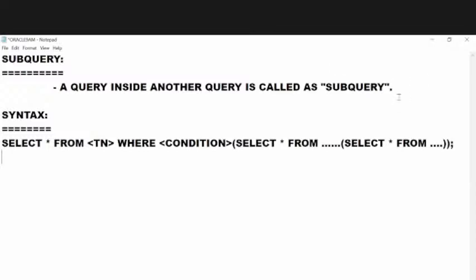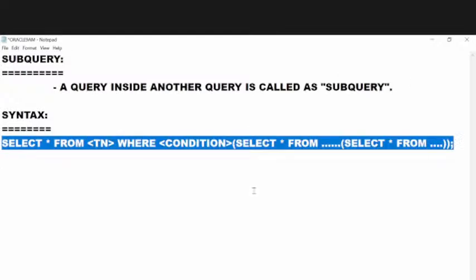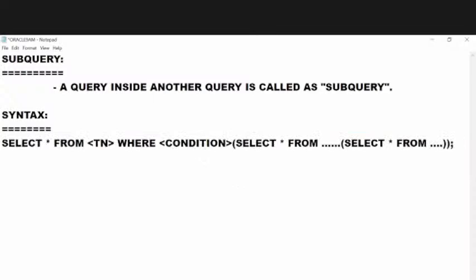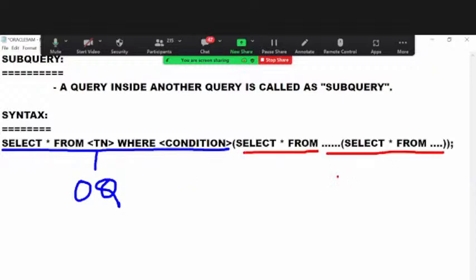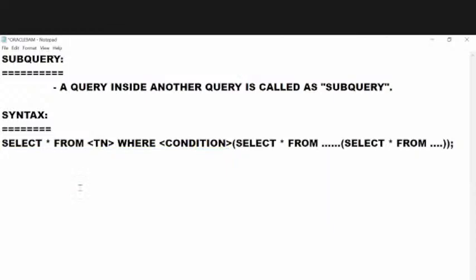Like this, you can write any number of queries in a single statement. Now can you see here in this subquery statement there are two types of queries? Up to here we call the outer query, and whatever is inside is called the inner query. So a subquery statement has two types of queries, inner and outer.